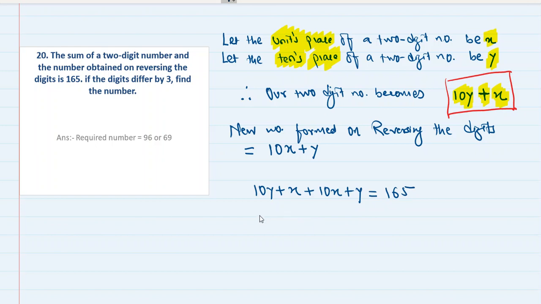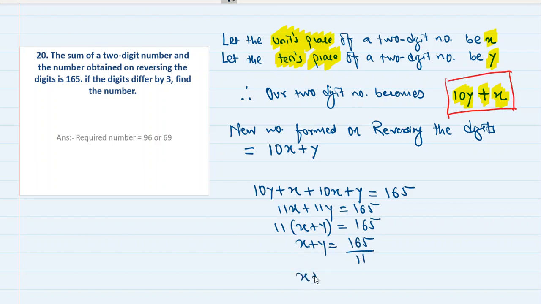So this is 11x plus 11y is equal to 165. If 11 is taken out common, then we can simplify this and x plus y becomes 165 divided by 11. So x plus y is equal to 15. This is equation number 1.